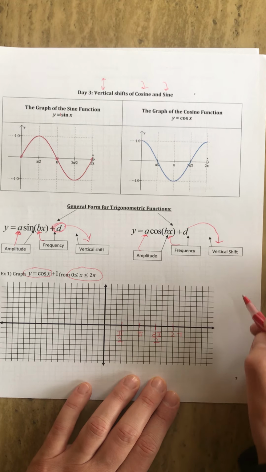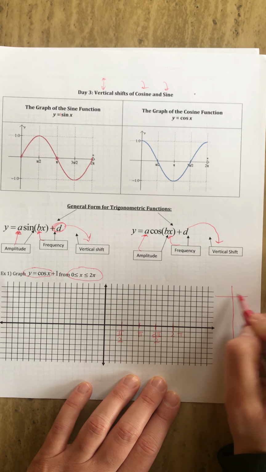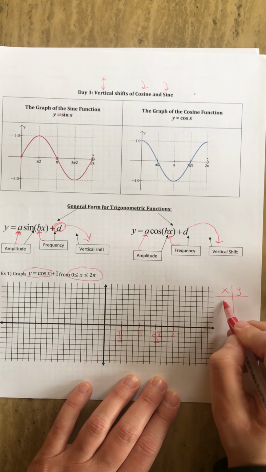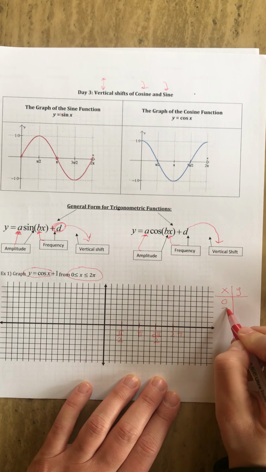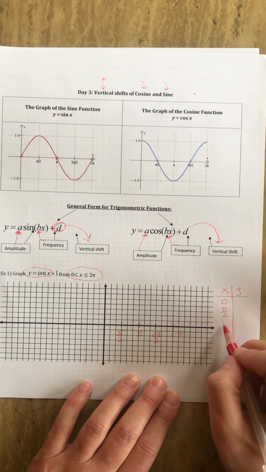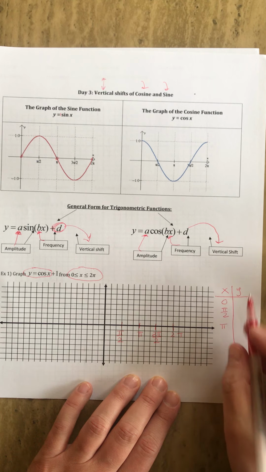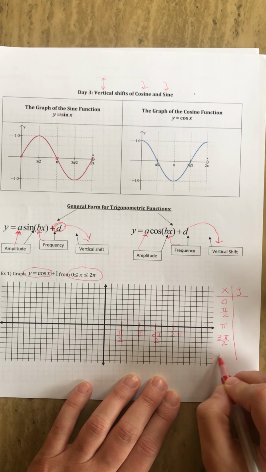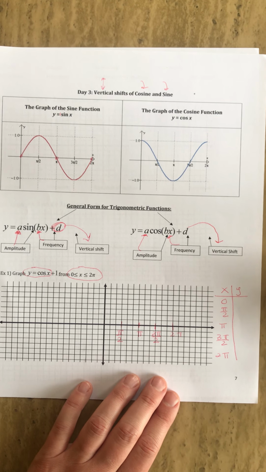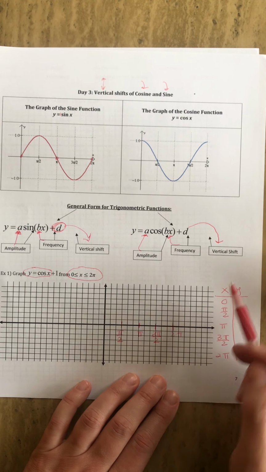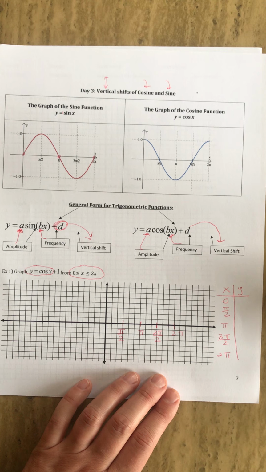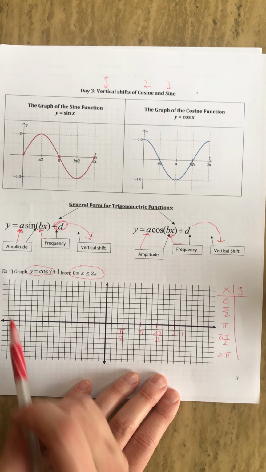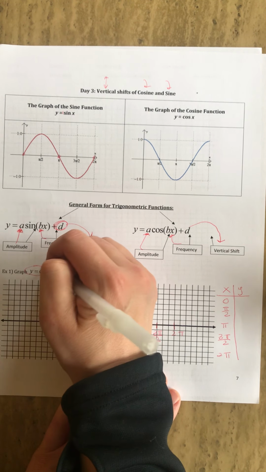We're going to again focus in on our 5 key points: 0, pi over 2, which is 90, pi radian, which is 180, 3 pi over 2, and 2 pi. I know I keep mentioning this, but I don't really care if you use radian or if you use degree. Okay, so we're doing the cosine.